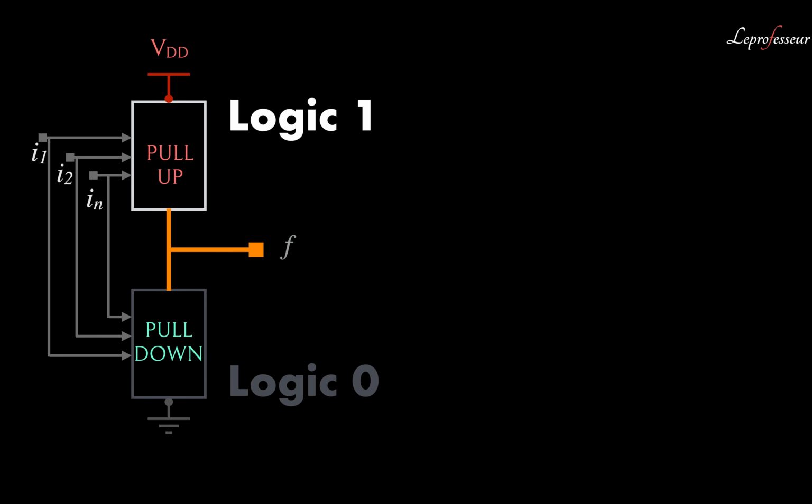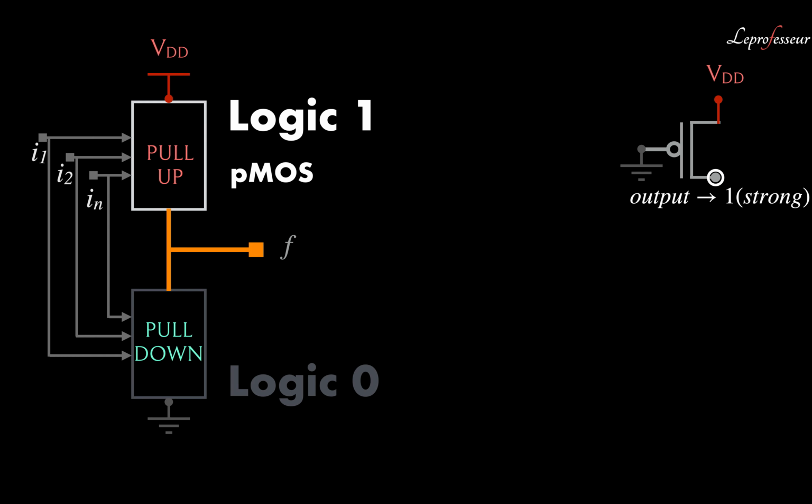Now, let's look at NMOS and PMOS. Here I'm showing first the PMOS example for a reason which we'll come to know later. So we have a PMOS, and what if we connect the gate of the PMOS to ground and one of the terminals to VDD, and we take the output from the other terminal, and we find that this combination produces a strong 1.